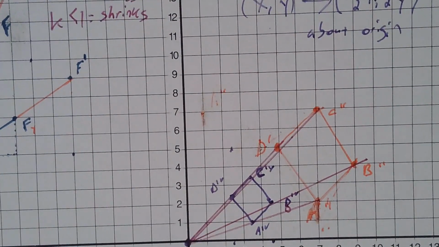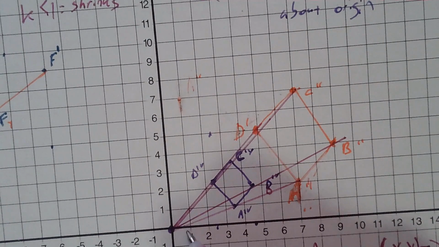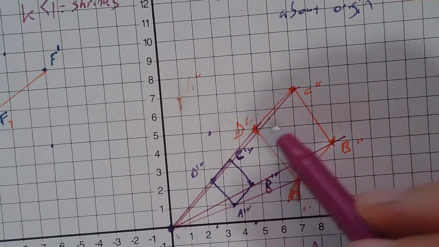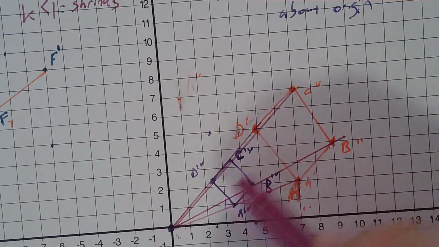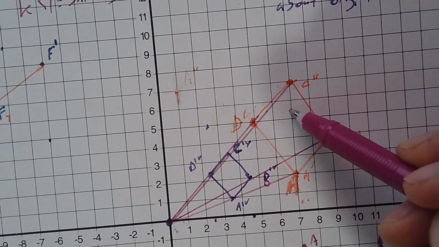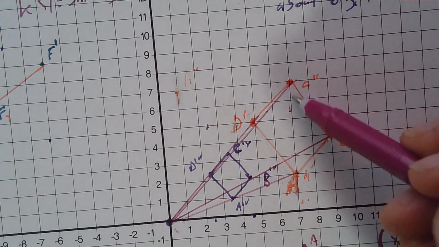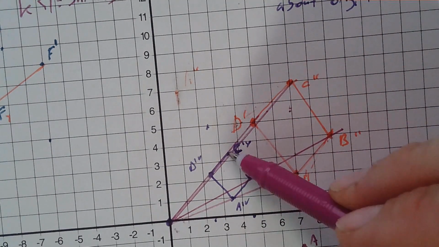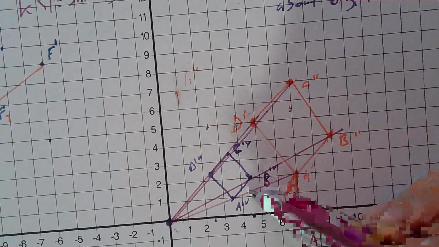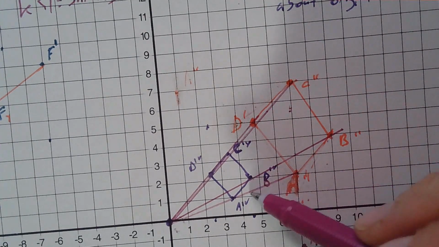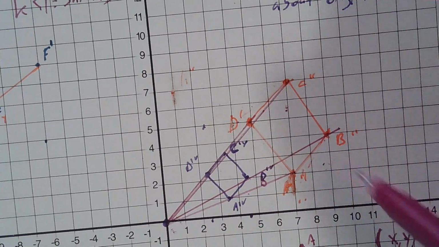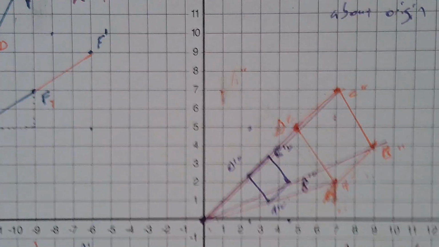Okay, and if I were to take the distance from here, the distance from here, they would all be half. Or if I take the distance of this and the distance of this, it'd all be half. Or this change in x from C to D, and this change in x from C to D, it would be half. This is a change in 1, this is a change in 2, this is a change in 2, this is a change in 1, it's all half, right? It's all a scale factor of 1/2.